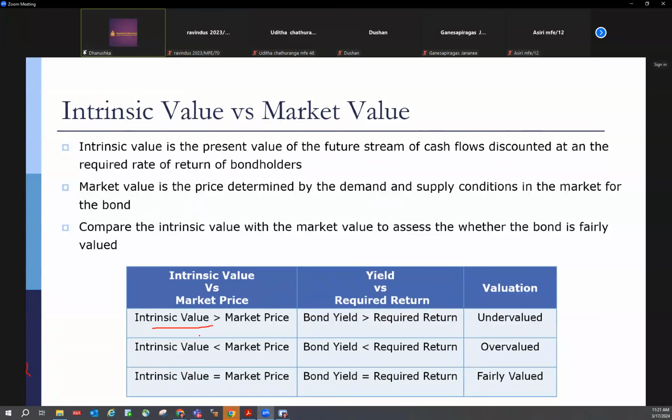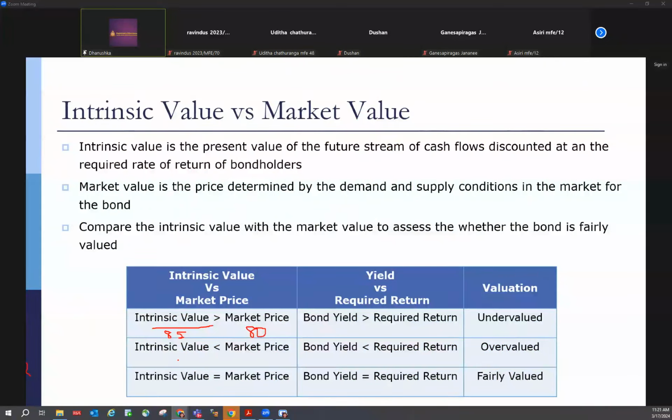Like for example, intrinsic value is 85, and in the market the bond is trading at 80, bond is undervalued. Intrinsic value is 85, but market bond is trading at 90, bond is overvalued, because we always check with the market price. Is the market overvalued or undervalued? Okay. If intrinsic value is 85 and market price is 85, then it is fairly valued.